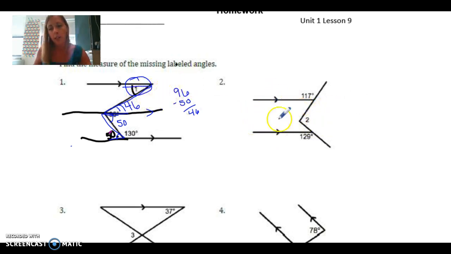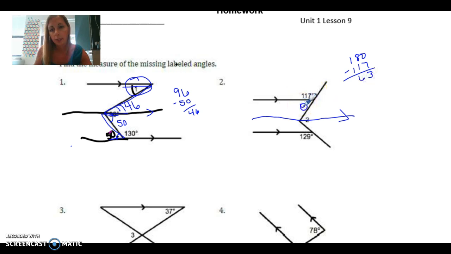So again, your auxiliary line here would go through angle 2 and parallel to the two lines that are already drawn. Sorry, that's supposed to be parallel, but now you can use that to find some missing angles. If this is 117, I know the angle next to it must be supplementary with 117, so I can do 180 minus 117, and I get 63.